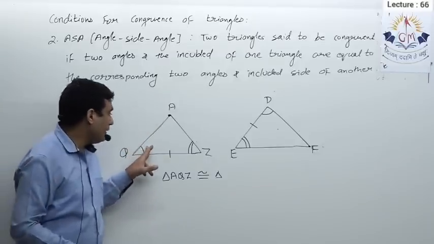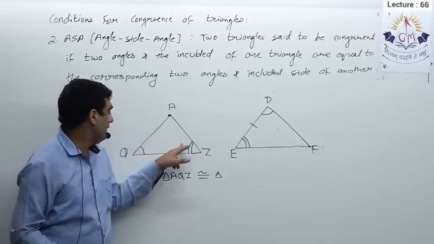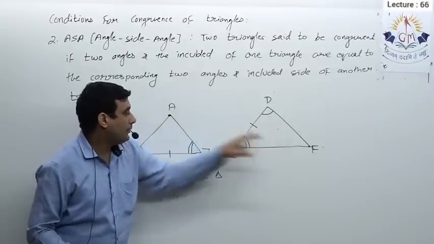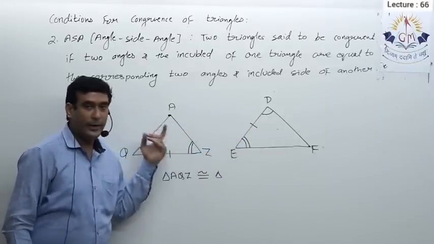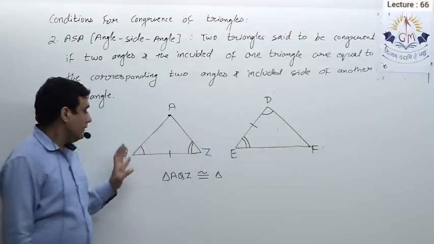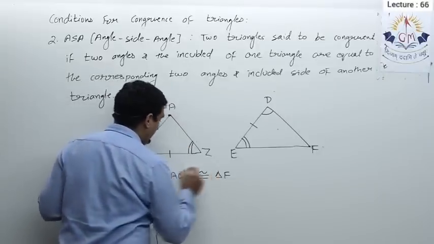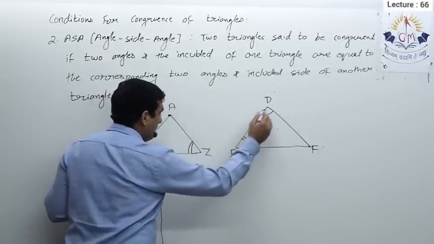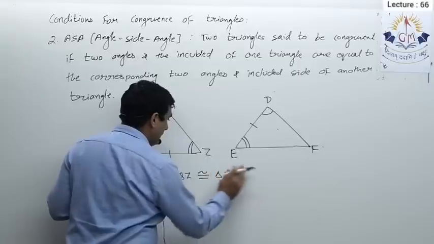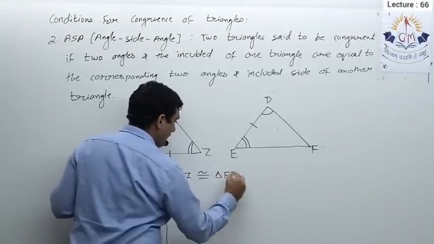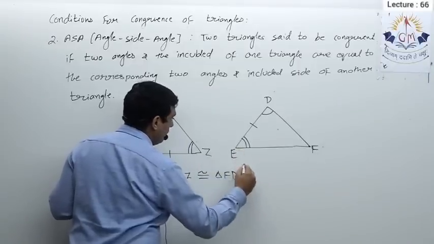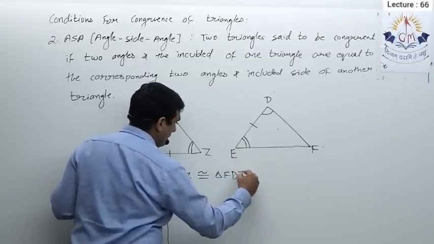If in a triangle, suppose this is 70 and this is 30, then obviously the remaining angles have the same measure, 80 degrees. So I can directly say here A, so here it should be F. Then Q is equal to D and Z is equal to E.